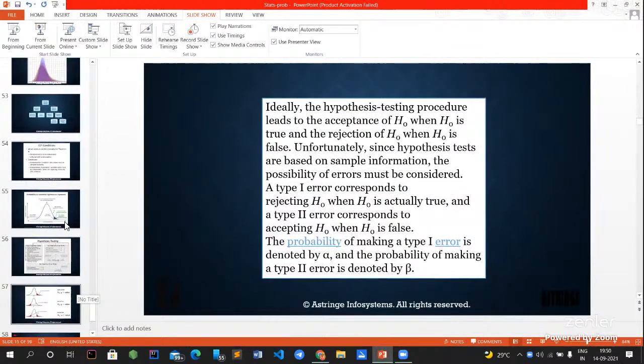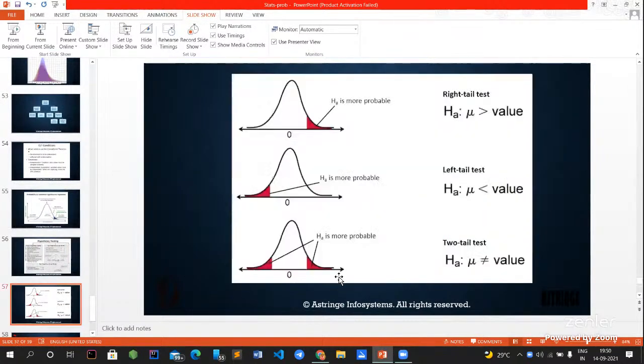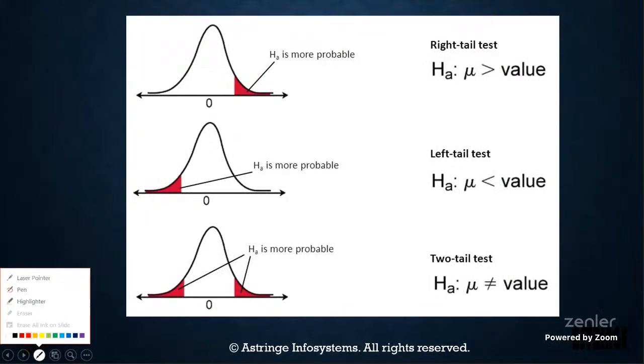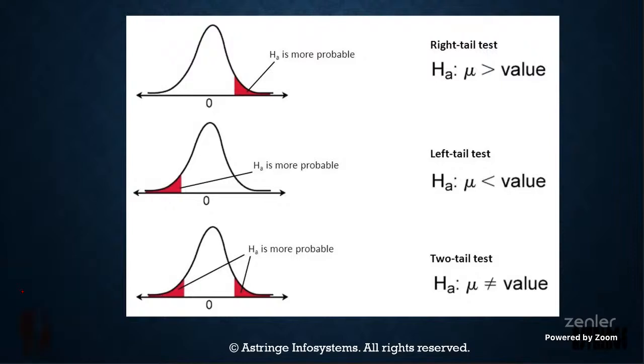Just give me a minute. Yeah. So this is a very important chart, which you have to remember, about what hypothesis testing is all about. We all know why we have been learning statistics.